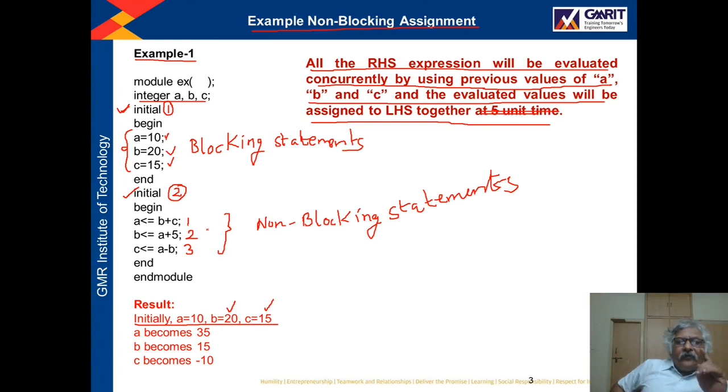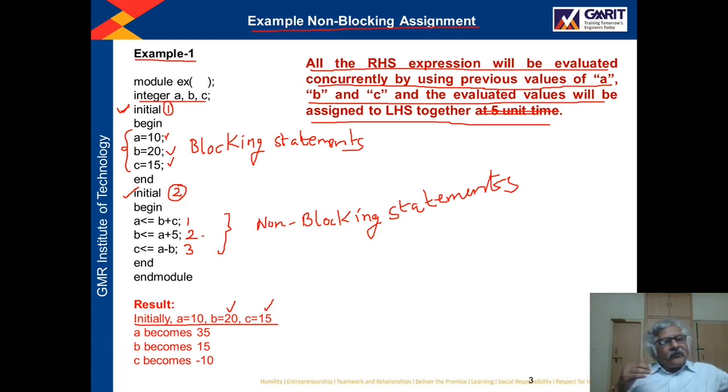Here the value of A is 10, because in statement 1, only evaluation of B plus C is done, but A is not updated. That's why when A is used in statement 2, the previous value of A will be used. So 10 plus 5 is 15. This evaluation is also done.